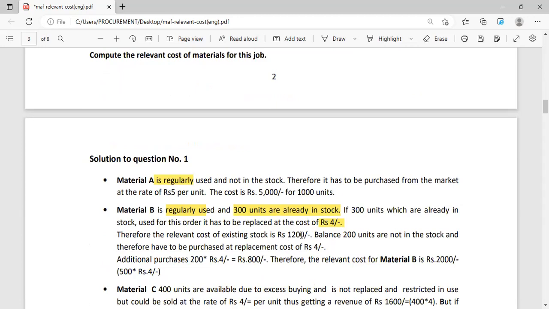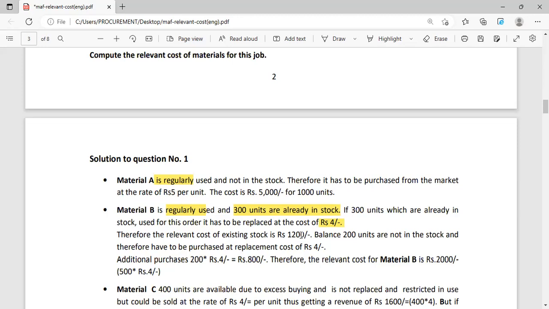So all we have to do now is the balance of 200 units not in stock, which therefore have to be purchased at a replacement cost of 4 naira. The additional purchase of 200 is 800. Therefore the relevant cost of material B is 2,000.